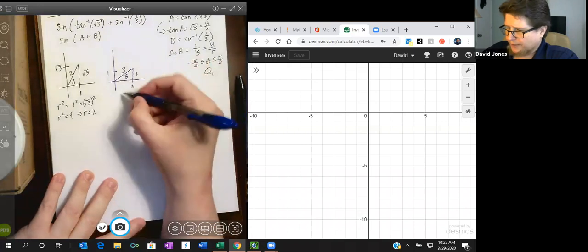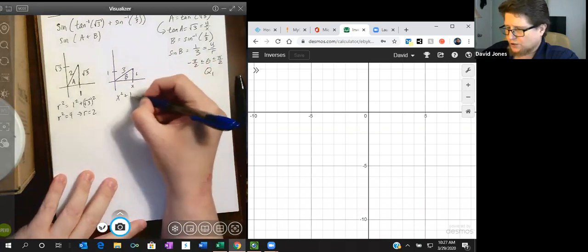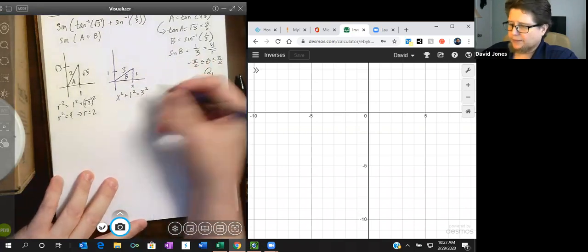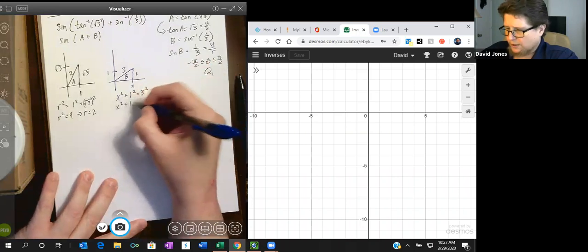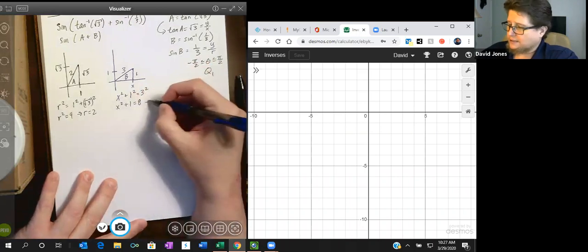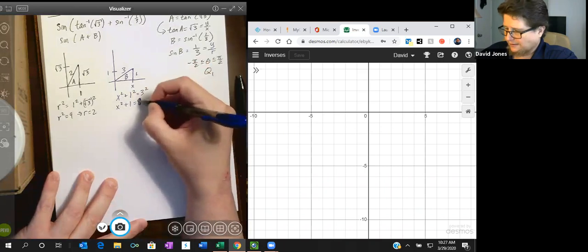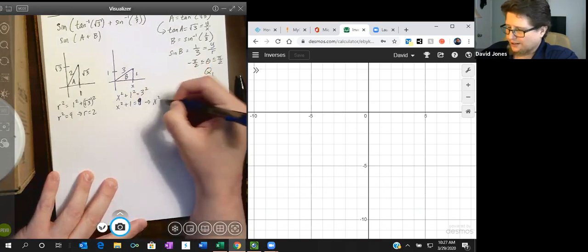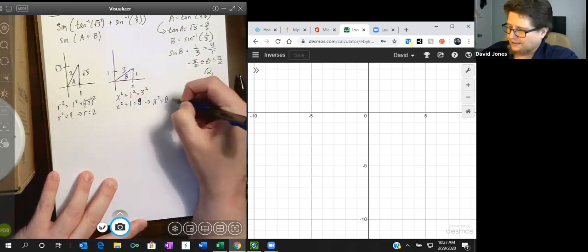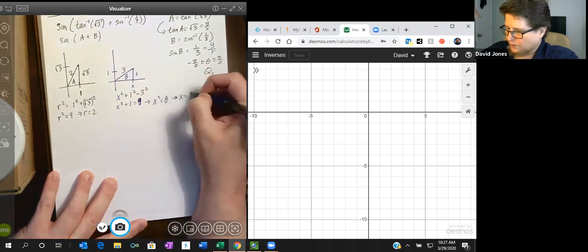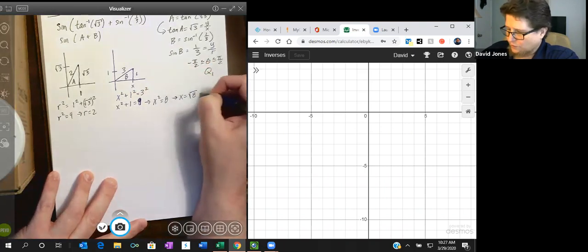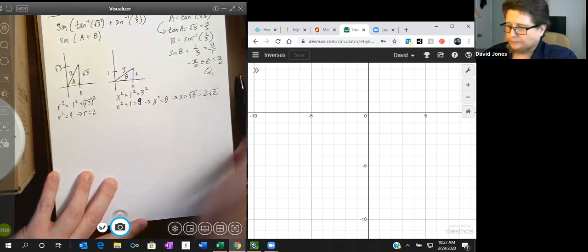So I've got x squared plus 1 squared equals 3 squared. X squared plus 1 equals 9. X squared equals 8. So x equals the square root of 8, which is 2 root 2.